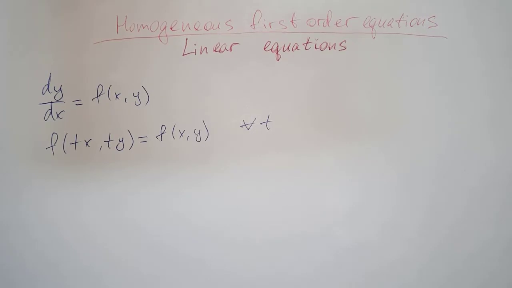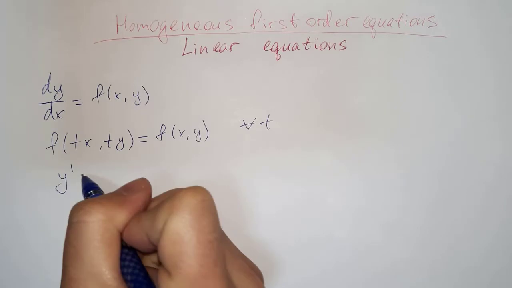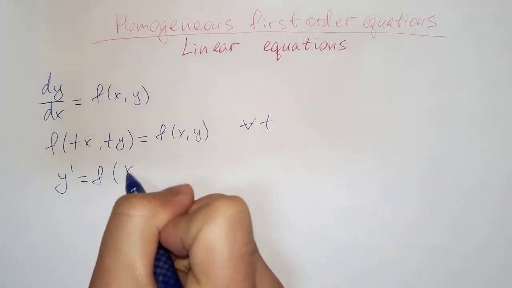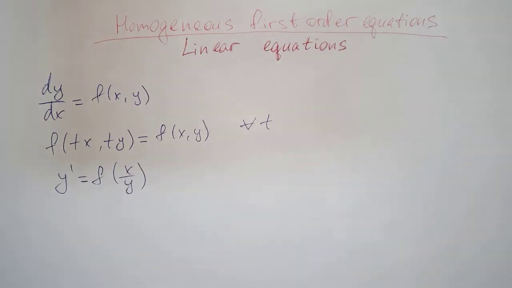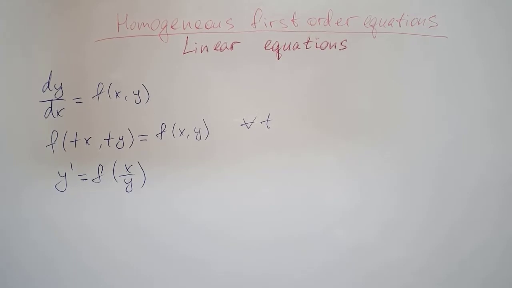In other words, if our differential equation is in the form y derivative equals f of y over x, we call such equations homogeneous first order differential equations. It means the right side of our equation is a homogeneous function with respect to variables x and y of the zero order.